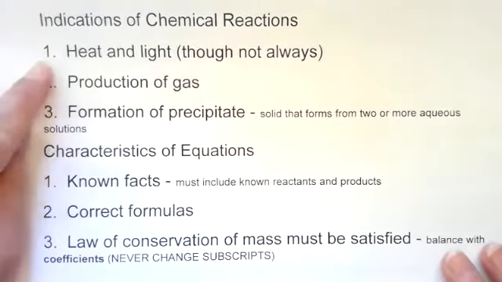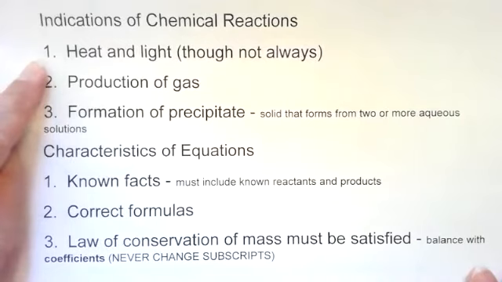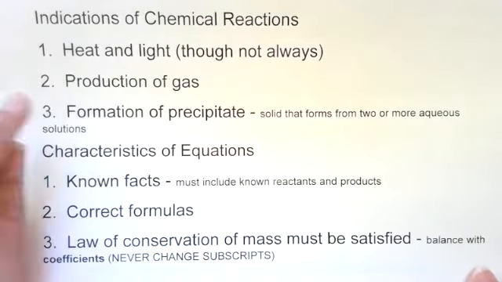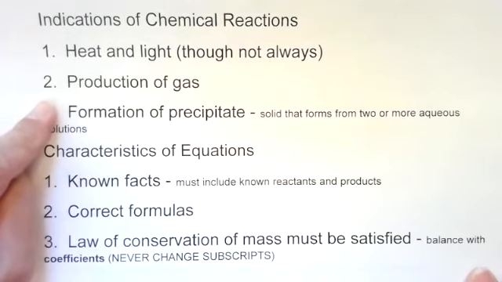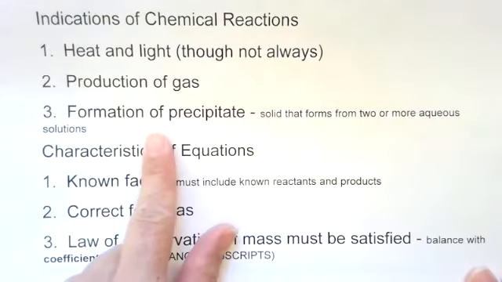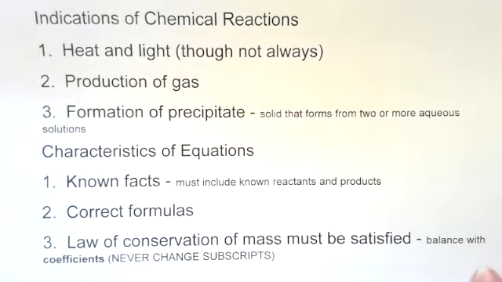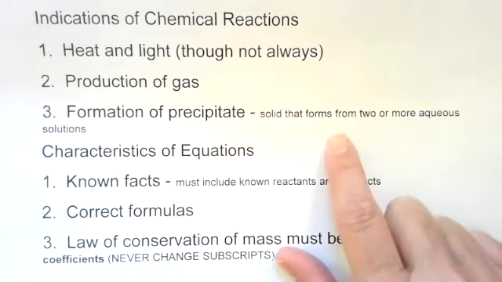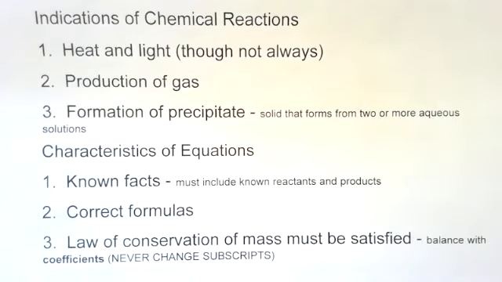You sometimes produce heat and light, but not always, and sometimes you can have heat or light and it's not a chemical reaction. So these are general rules of thumb. Sometimes you'll create a gas, although if you boil water, you're creating water vapor, a gas, and that's not a chemical reaction. Formation of a precipitate is almost always a chemical reaction. It's a solid that forms from two or more aqueous solutions.